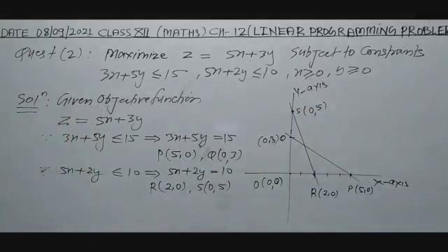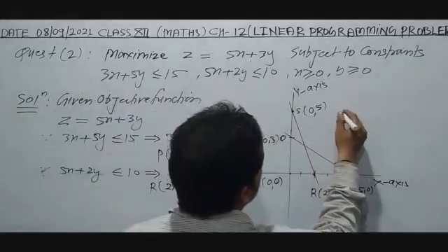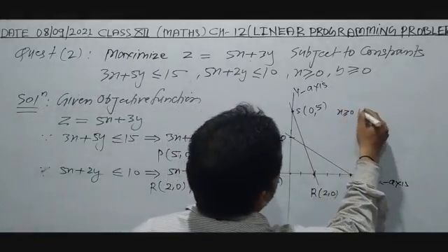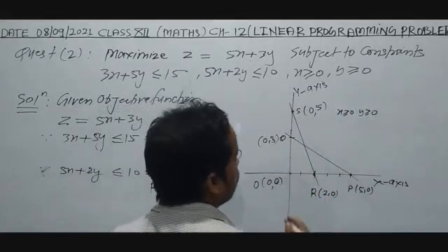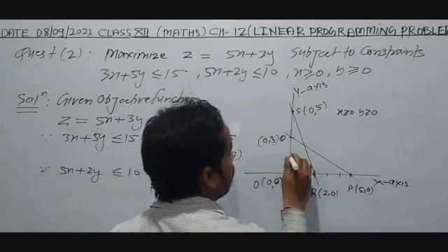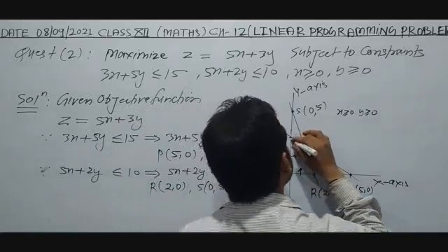Now x is greater than or equal to 0, that is the positive x axis, and y is greater than or equal to 0, the positive y axis. So this will be in the first quadrant. So this will be the region.